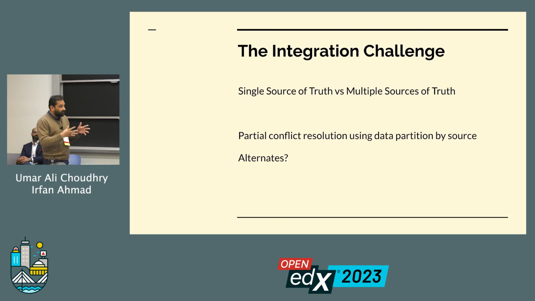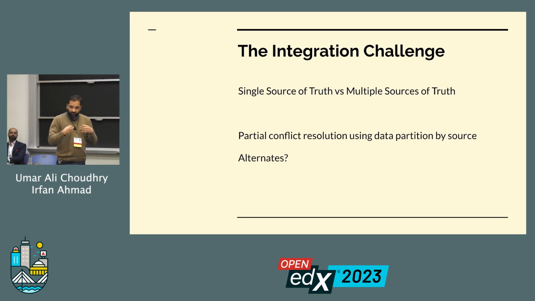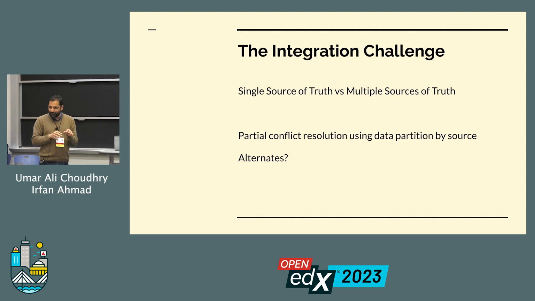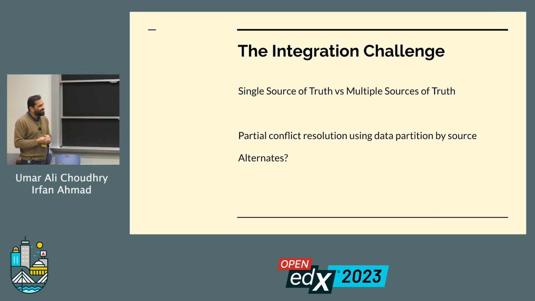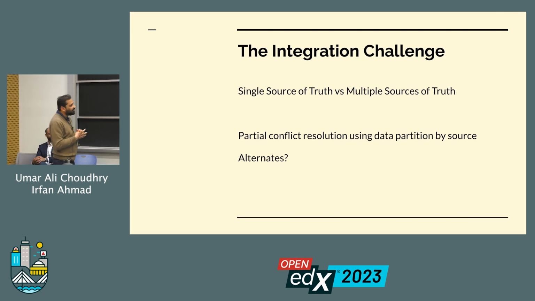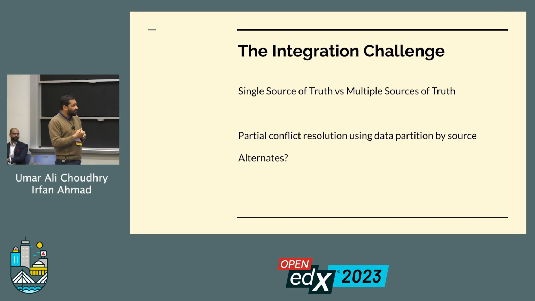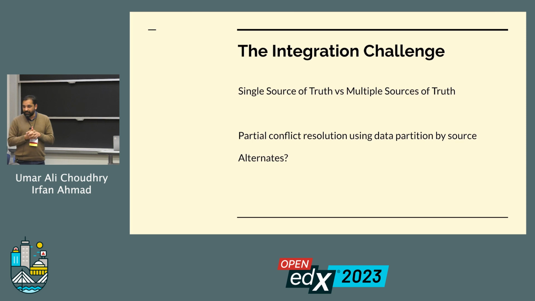And imagine you're telling those other guys that we are the source of truth, and you are not the source of truth. So we will tell you what the truth is. In that environment, how can you deploy a single source of truth architecture?